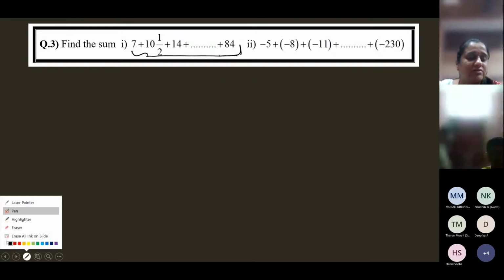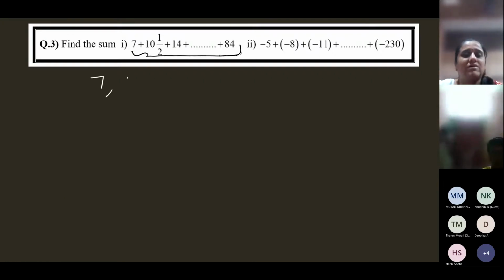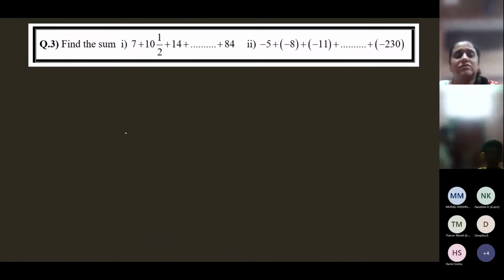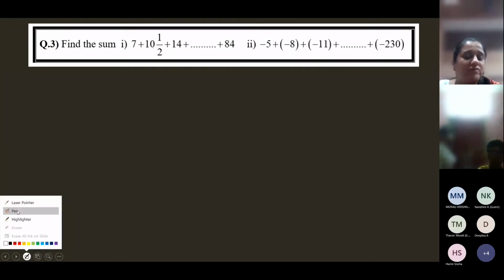If it is 7, 10 and a half, 14, and so on till 84, this is an arithmetic progression. If the comma is replaced by a plus sign, then it's an arithmetic series. So you're given this arithmetic series and you have to find the sum.